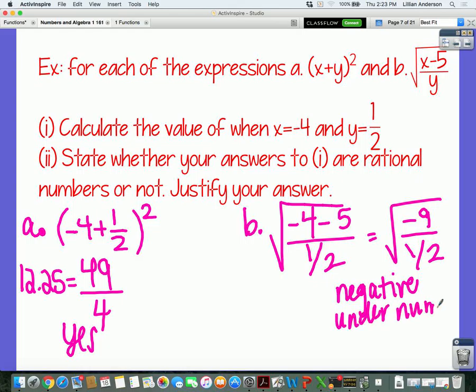So is it a rational number? That's the justification. It's not rational, and there is no solution, which is written as a circle with a slash through it, like an empty set. That's your answer. We do not worry about imaginary numbers in IB studies.